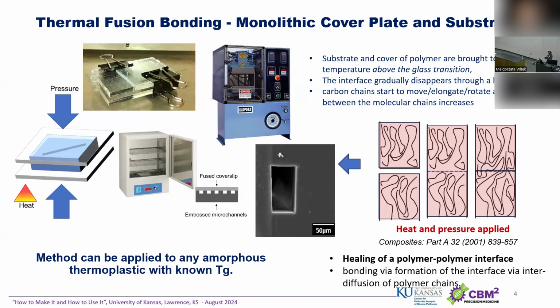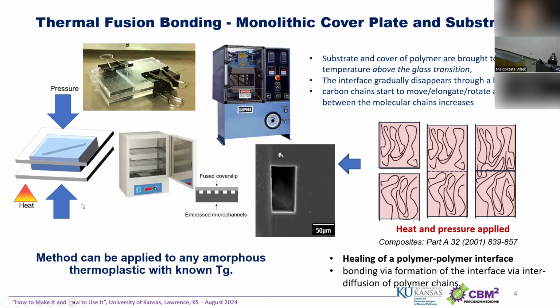Remember, the polymers from the substrate and from the cover plate start wiggling. They become interwoven, and then you cool it. This gives you a very strong bond. It can withstand up to 100 PSI pressure, which is absolutely suited for numerous applications. So that's how you do it.